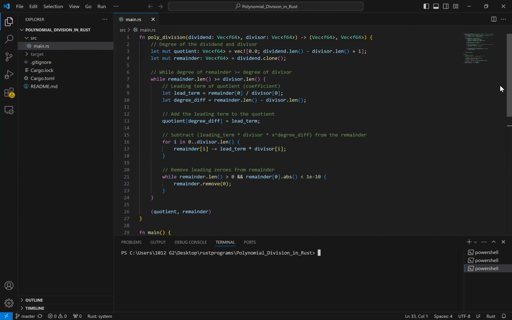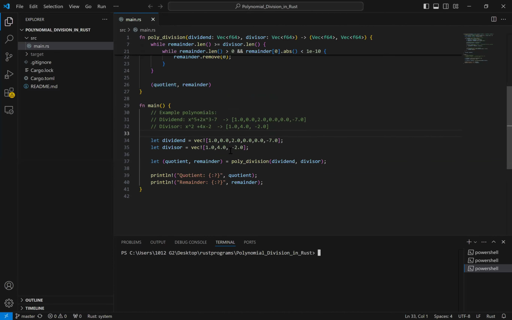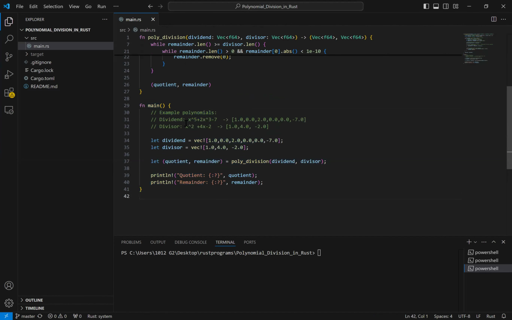Now, this is my code. The main function is here. This is where I enter the dividend, the one that I want to divide. The one I want to divide is what I call the dividend. And then the divisor.